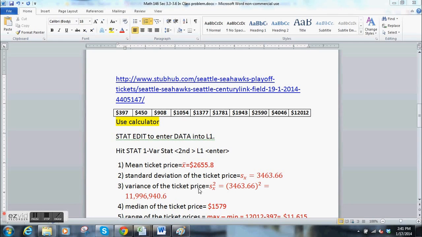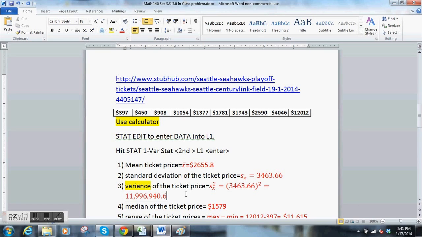To find the variance, it's going to be the sample variance. So this is S squared, that's the variance. Your calculator does not give you the variance. That is one number that the calculator does not give you. So you have to take this number, write it down on your paper, 3463.66, and then type it in again and square it.